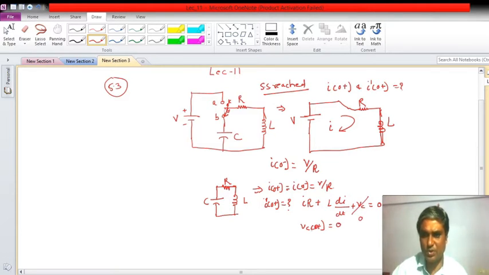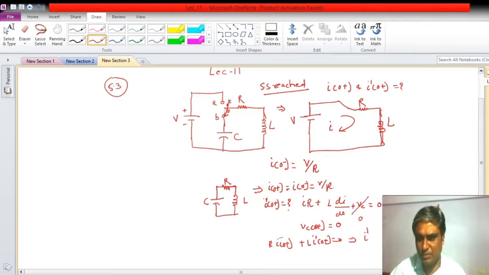So this term will be 0. So R I of 0 positive plus L I dash of 0 positive equals 0, and this implies I dash of 0 positive will be minus R by L times I of 0 positive, and I of 0 positive is V by R, so it will be minus R by L into V by R. The R cancels, so it will be minus V by L. So the slope is negative. Fine, so this is the way.